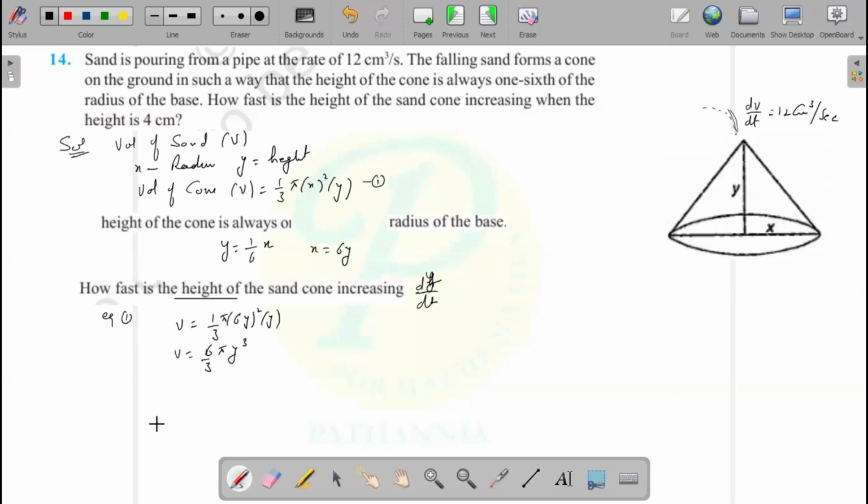pi cube. Now the rate in change in volume is already given to you, so therefore you differentiate both sides with respect to the time.